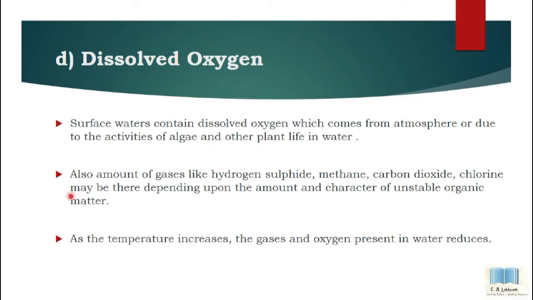Then the second point is also amounts of gases like hydrogen sulfide, methane, carbon dioxide, chlorine may be there depending upon the amount and character of unstable organic matter. And the third point is as the temperature increases, the gases and oxygen present in water reduce.